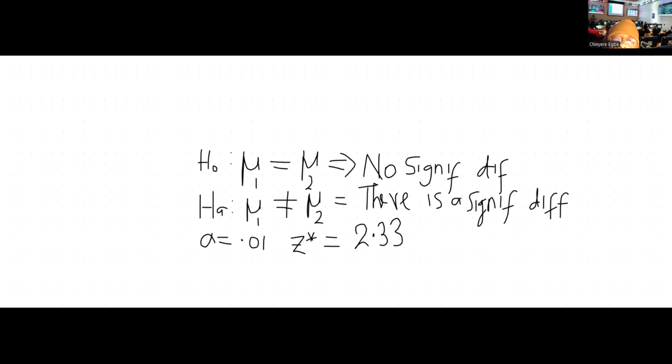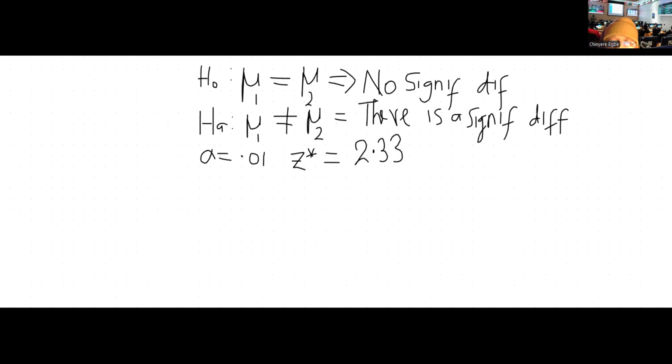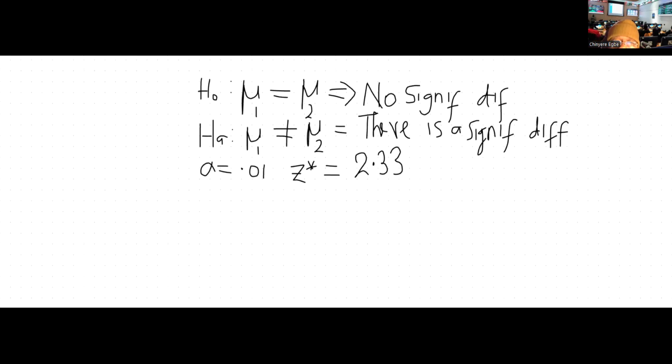We calculate Z, which is to tell us how far away is our sample mean from the hypothesized mean. Because when you say that mu1 is equal to mu2, you're saying that mu1 minus mu2 is equal to 0.